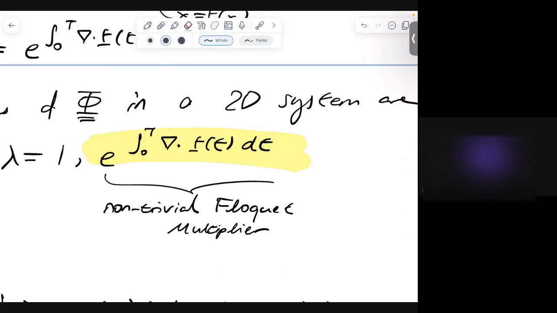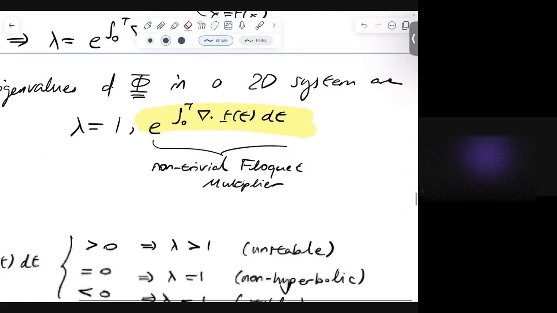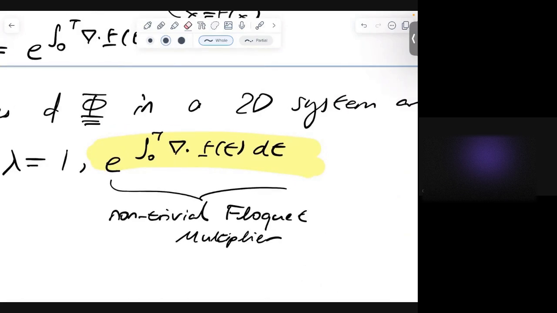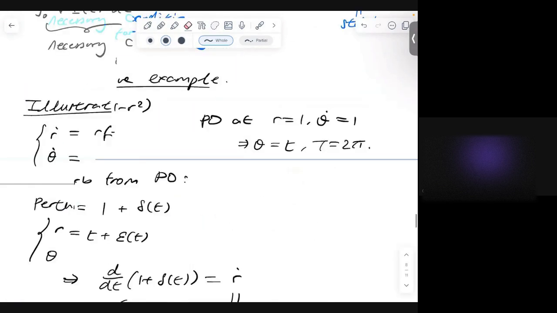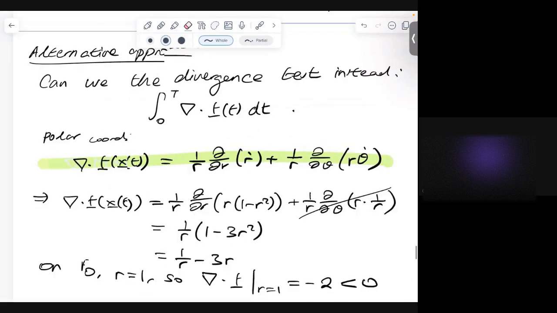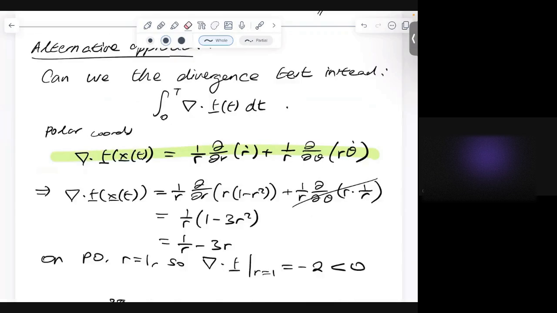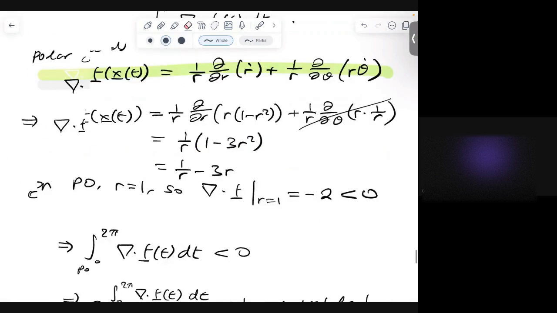So instead of finding the matrix, finding the eigenvalues, and then finding stability, we could have just plugged the system into this integral. Remember that f is equal to x dot, the vector x dot. The only difficulty is remembering the formula for divergence in polar coordinates, but that shouldn't be too bad. Given that formula, you just plug in everything.